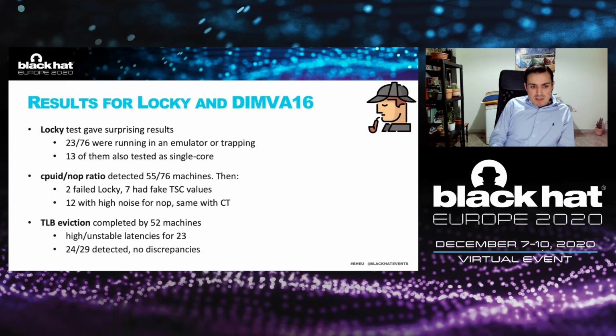And we observed something very interesting for the fourth detection, which is the most effective when it runs. It was completed by fewer machines because it takes long to execute.